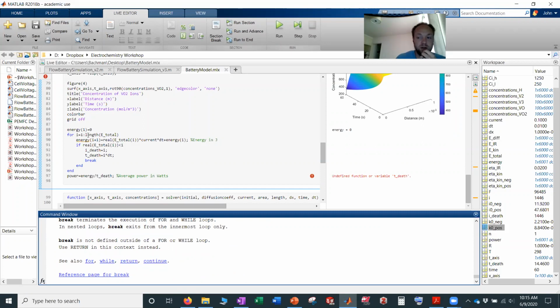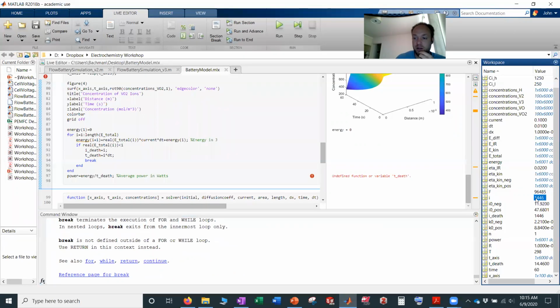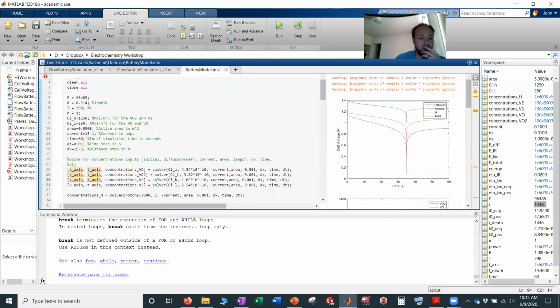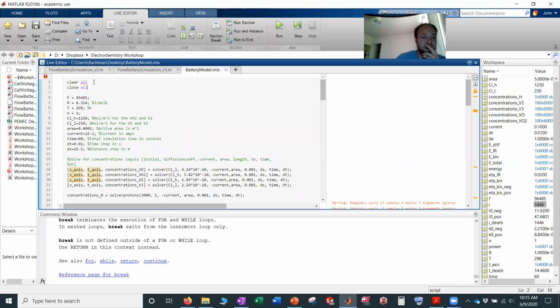Like I don't want it to go, oh, here, it says I went to 1446. But why is my energy thing 6,000 long? Maybe we did not clear everything? Oh yeah, because I just ran the section. It's always something. So let's clear them all. It'll run, right?